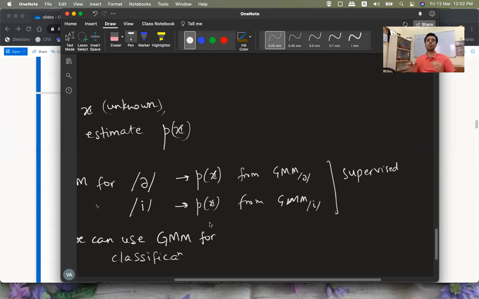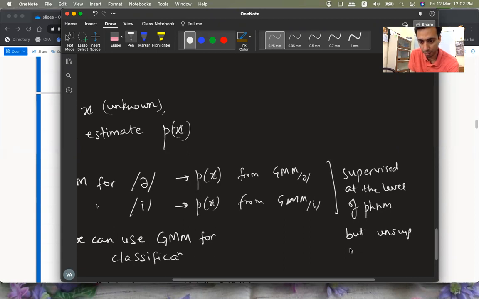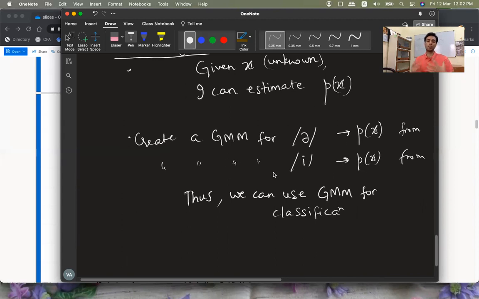But overall, the approach is supervised at the level of phonemes, but unsupervised at the level of clusters. So that's how you use GMMs for speech recognition.